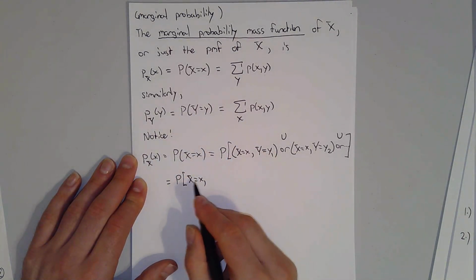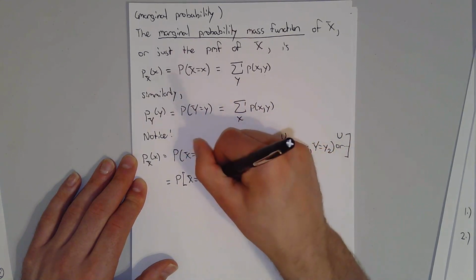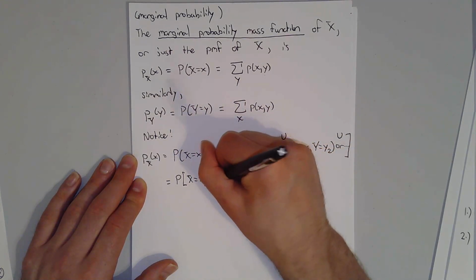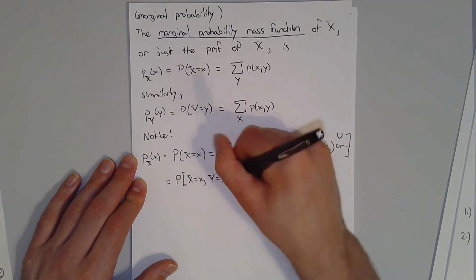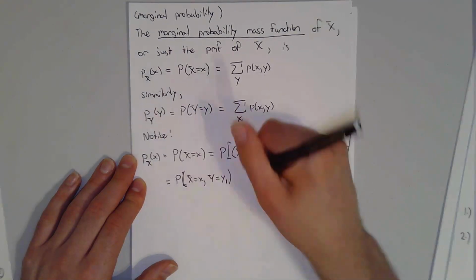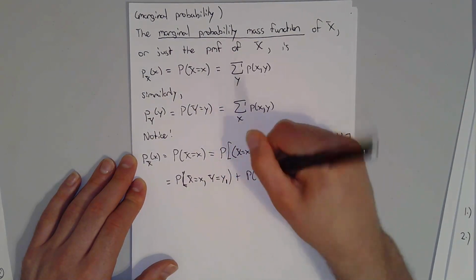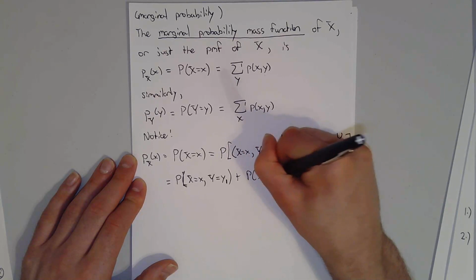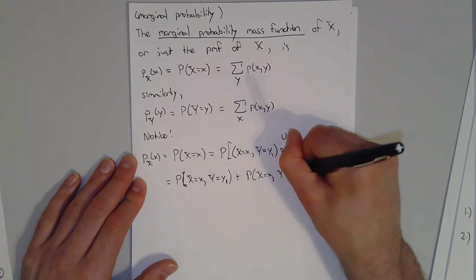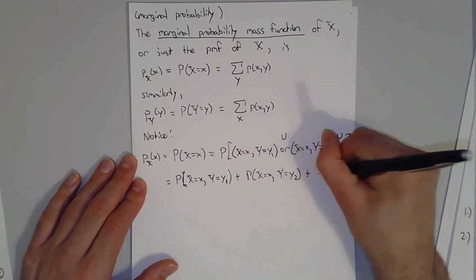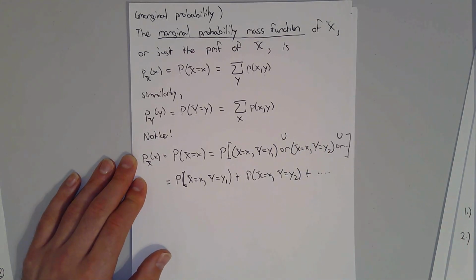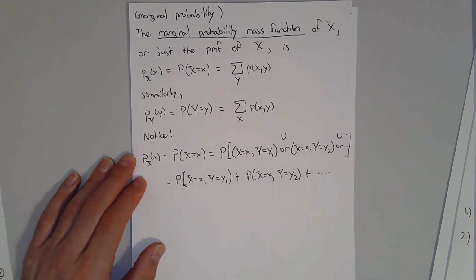In other words, capital X equals little x and capital Y equals little y1. So on and so forth. So adding up all these disjoint cases.